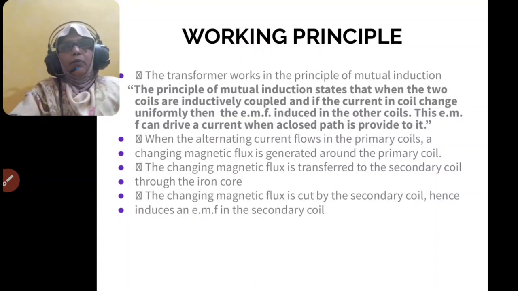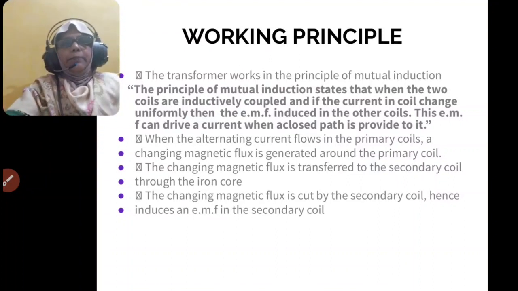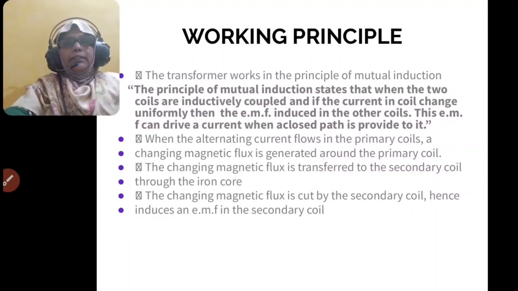Now we see the working principle of a transformer. As I said earlier, the transformer principle is based on mutual induction. This principle of mutual induction is related to Faraday's law of electromagnetic induction. Here it is clearly described.